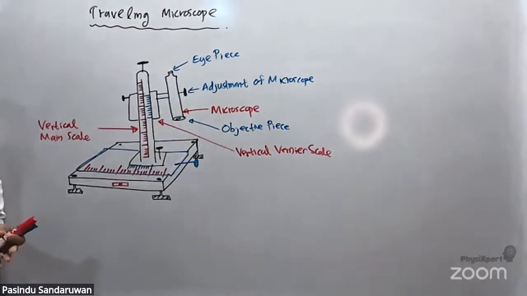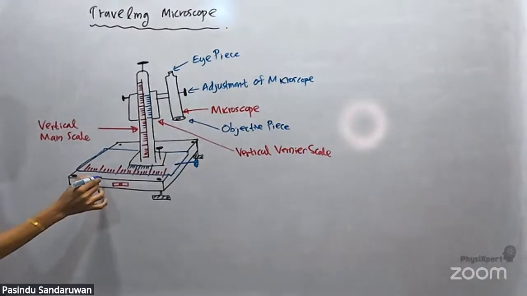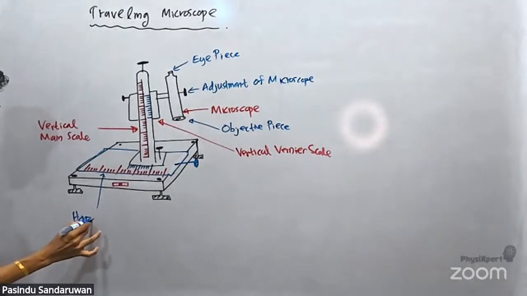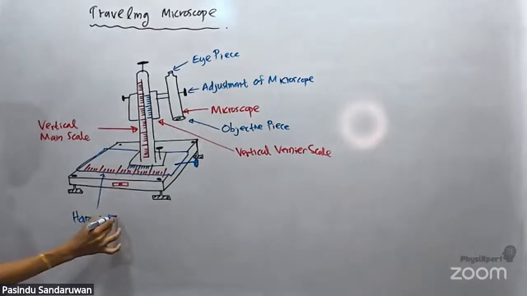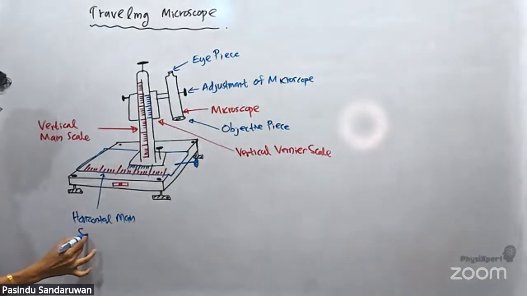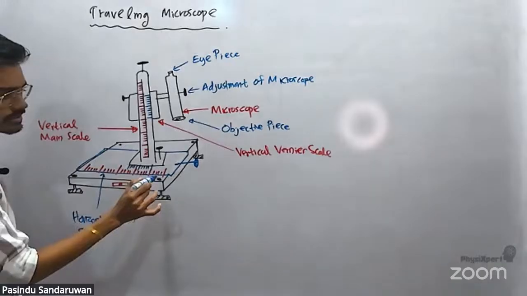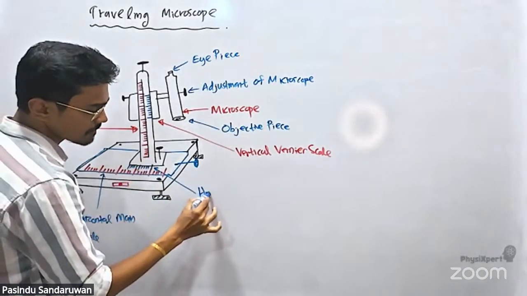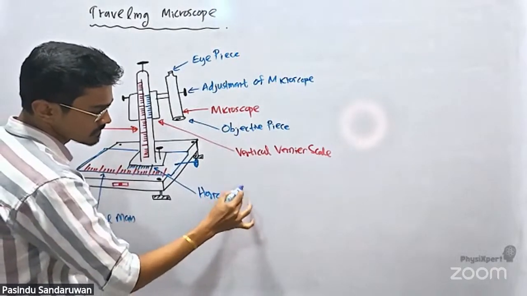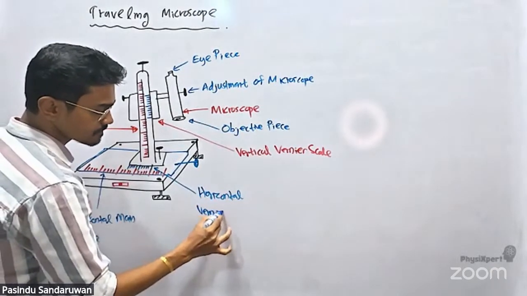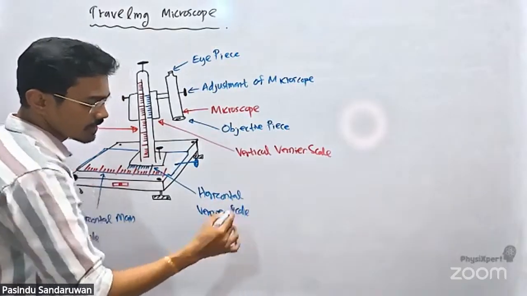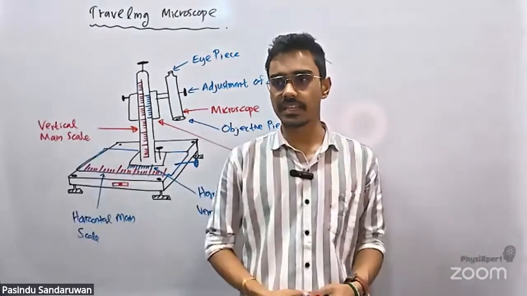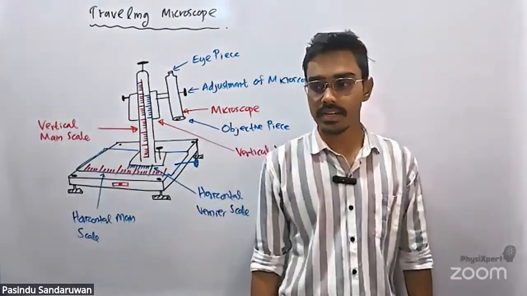And similarly, this is called the horizontal main scale. And this part is called the horizontal vernier scale. We will see the purpose behind having two scales, so just be patient.